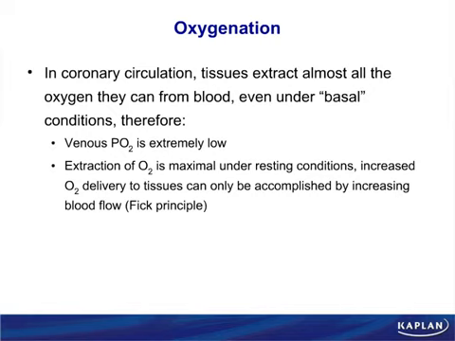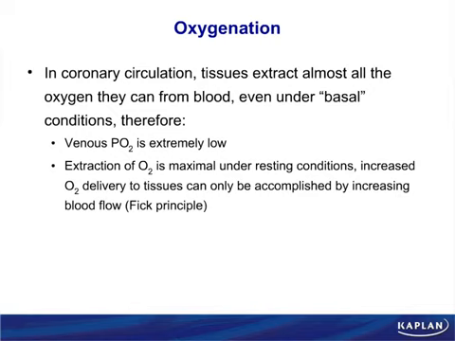So we think Fick, the Fick principle that we discussed earlier in this chapter. The only way we can deal with an increased oxygen demand is to increase flow, because we can't get really any more extraction. We're close to maximal at rest. Well, remember, the heart never truly rests, so it's kind of unfair. But the key point is we're extracting almost all the oxygen that we can, even at rest.